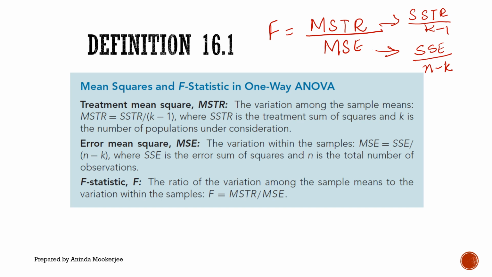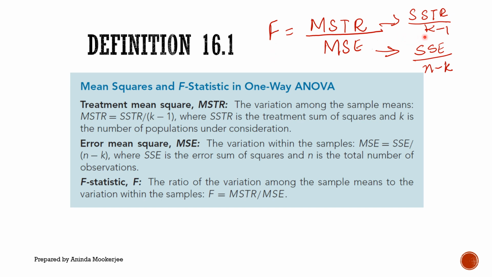So in order to find a value for MSTR, we have to find SSTR and divide it by K minus 1. To find MSE, we have to first figure out SSE and then divide it by N minus K, and then we can do the final division to get our F value.